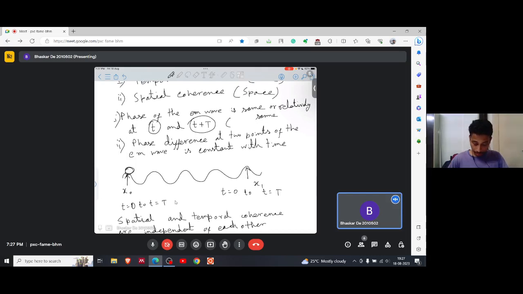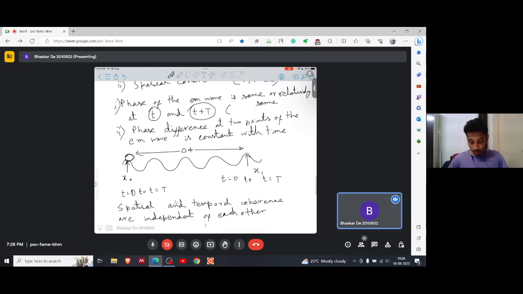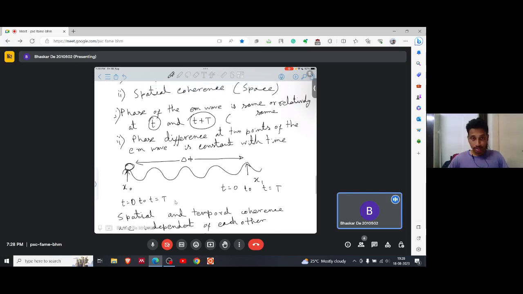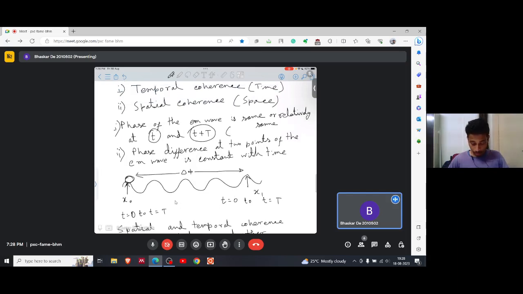The phase difference may not be constant over time. So there is temporal coherence, but the spatial coherence is not there.